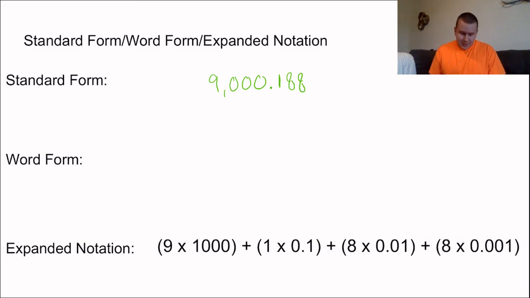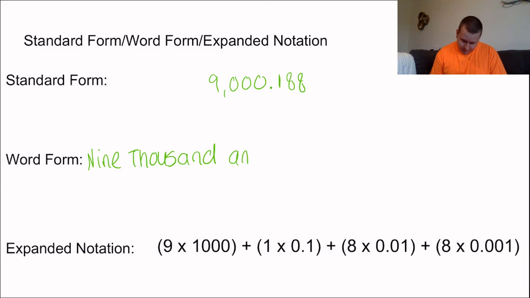So if we wanted to say this number out loud, we would say 9,000, and remember that "and" represents the decimal. We cover up the whole number and the decimal, and we say 188.